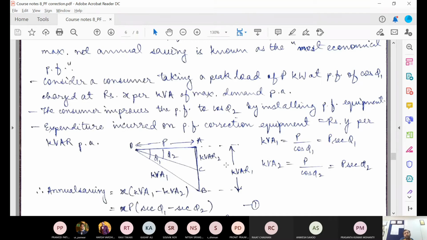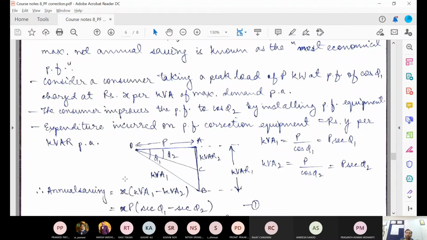So you can say it's a low-hanging fruit, because there is no real work output given by this reactive power. Even if you want to improve further, you can go for energy efficiency replacements on your equipment and cut down on the real power also. But that is not what we are discussing here. So keeping the real power the same, what we can do is cut down on the reactive power.